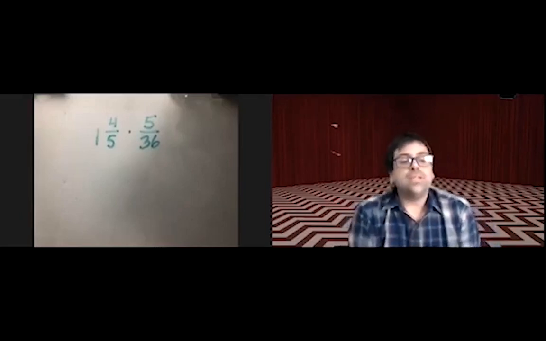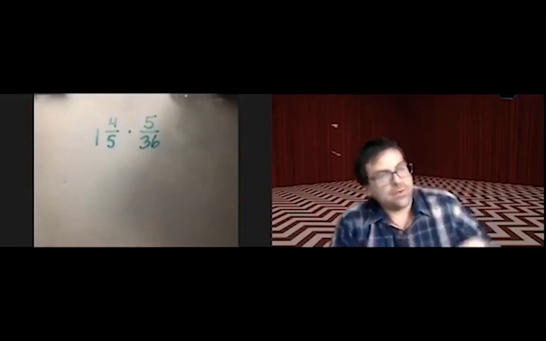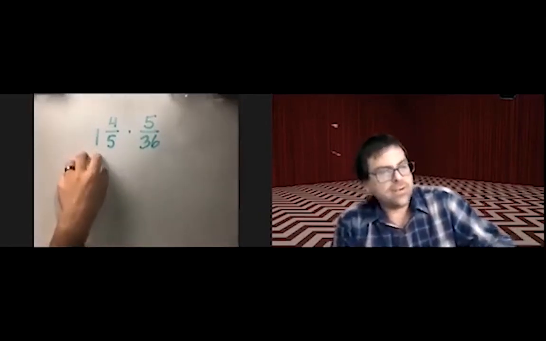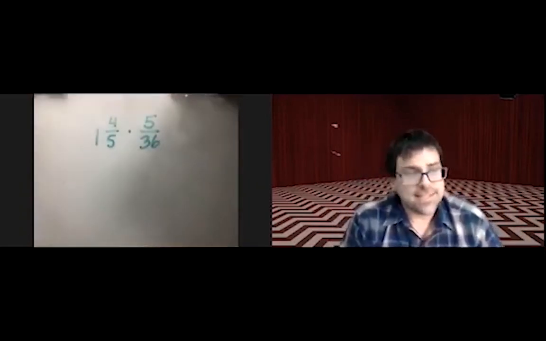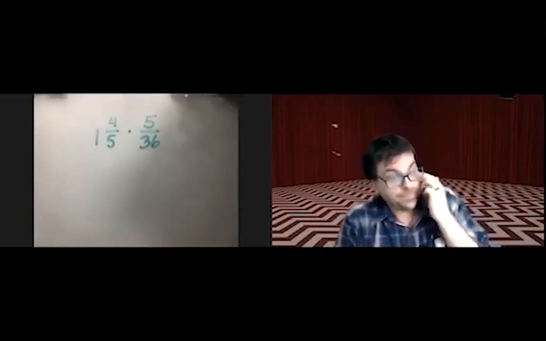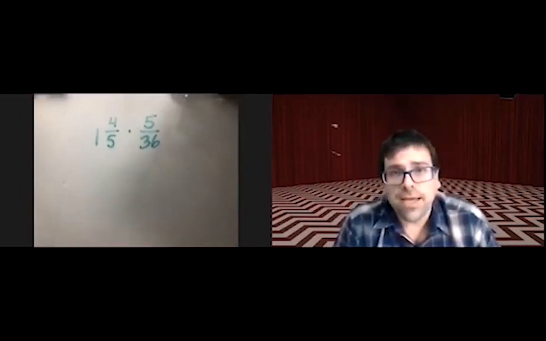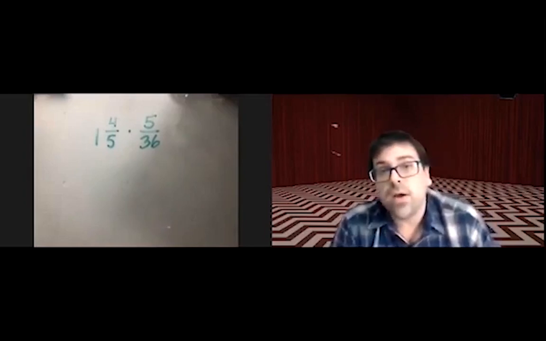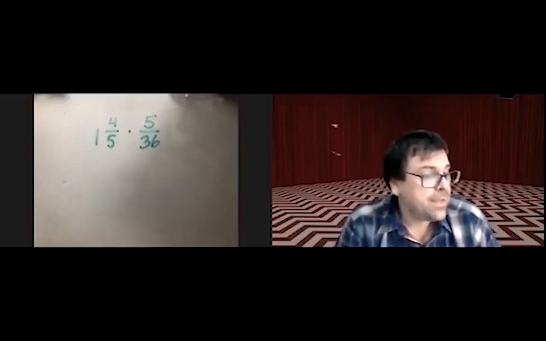We absolutely cannot just multiply the fraction parts here. We can't do 1 and whatever 4/5 times 5/36 is. The rule for multiplying mixed numbers, and this is going to carry across to dividing mixed numbers as well. We'll have different rules for adding and subtracting.